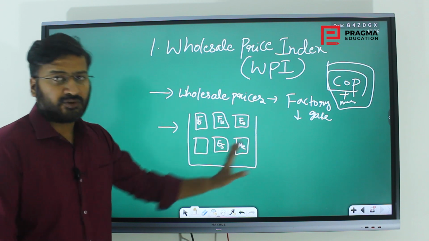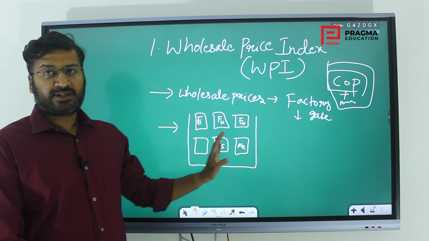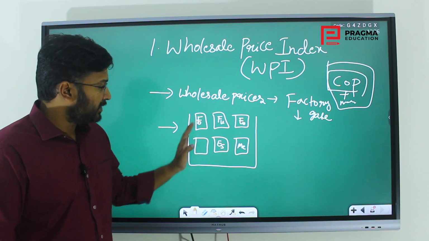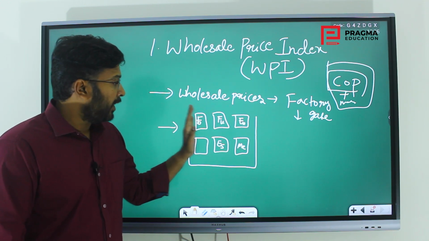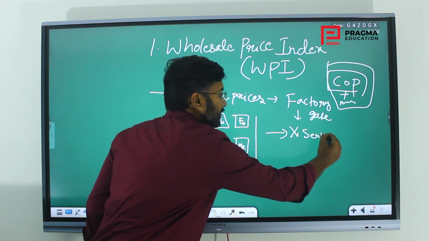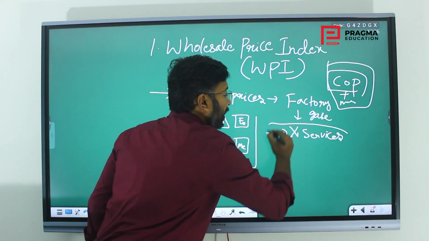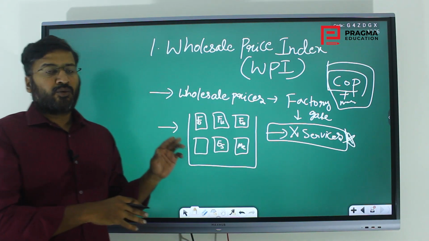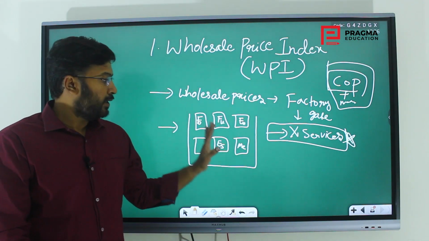How many goods? Around 600-700 items are now in the WPI basket. So it essentially includes food items, and what it does not include is services. WPI does not capture services. This is very important. WPI only has goods in its basket.